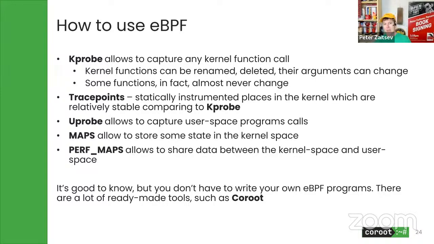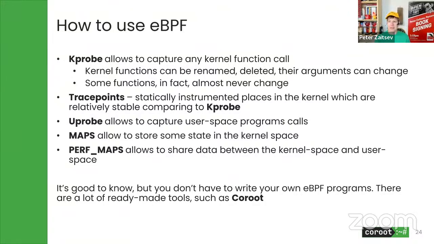For example, establishing a TCP connection. Even if you rewrite how specifically that functionality is implemented, the tracepoint is still going to be there. Then there is a uprobe, which allows you to capture user space program calls that correspond to specific areas in user code.